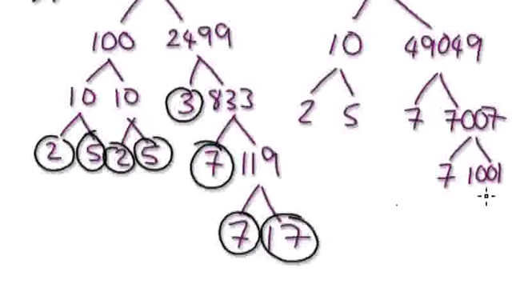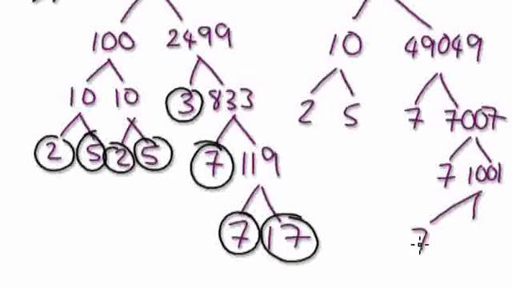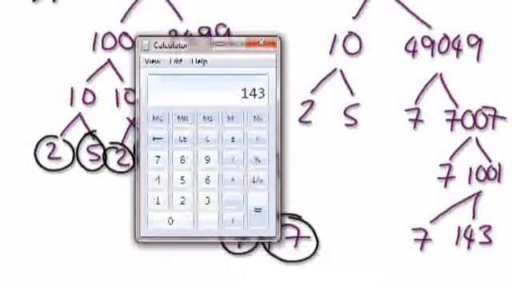Let's see if 1001 divides by 7 again. Yep, it works. So you can think of 1001 as 7 times 143. Let's see if 143 divides by 7 again. No, no good.